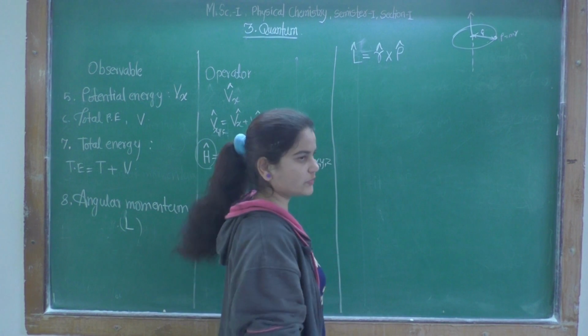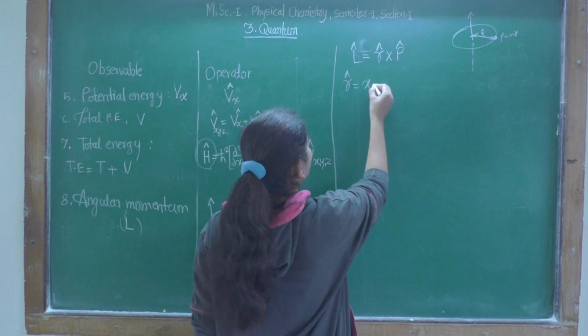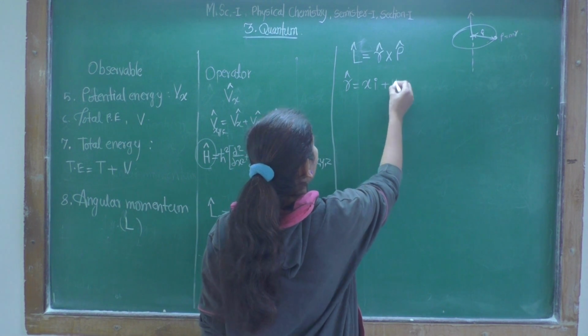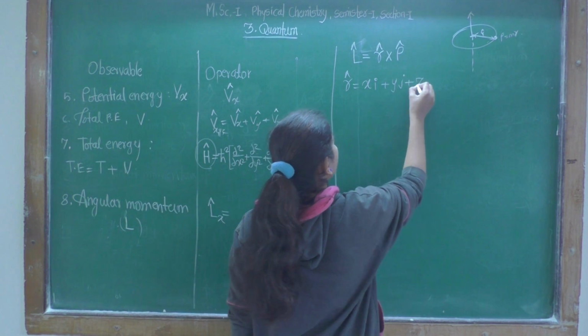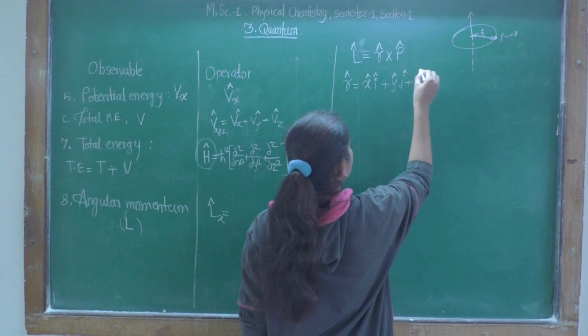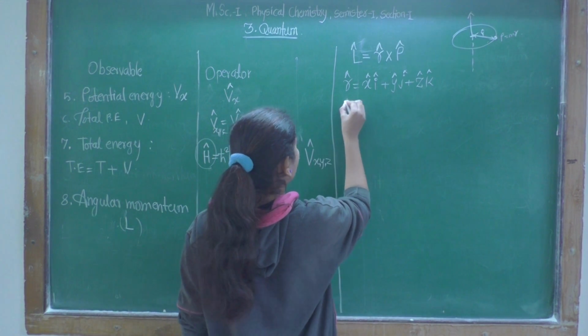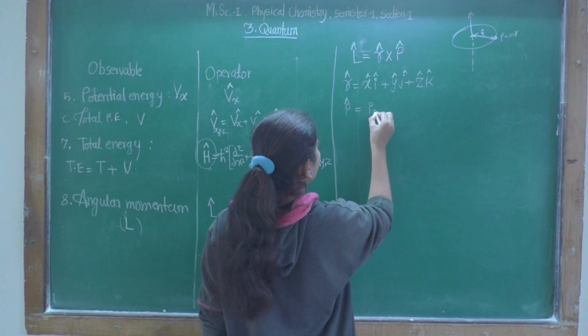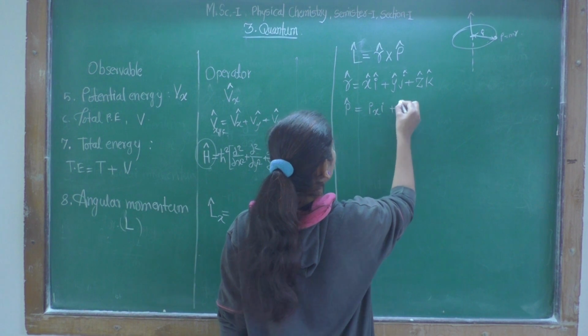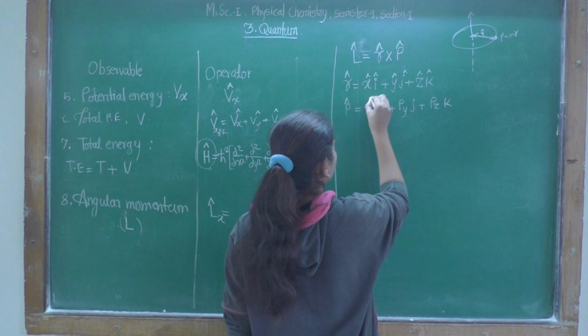How can we write the cross product? First of all, r cap can be denoted by xi plus yj plus zk, right? This is the position vector. It has direction. Now, p cap can be written as pxi plus pyj plus pzk, right?